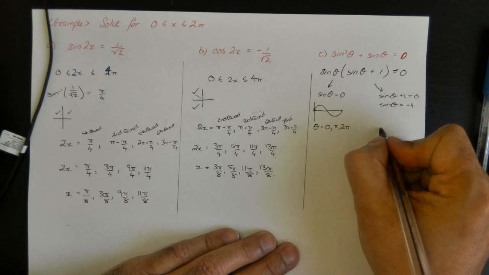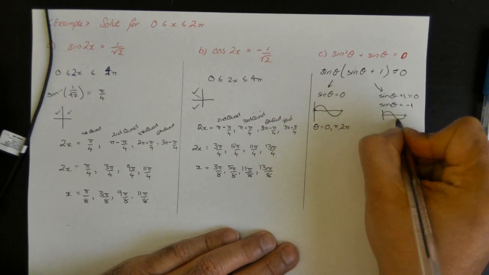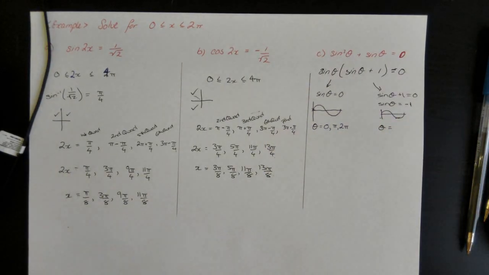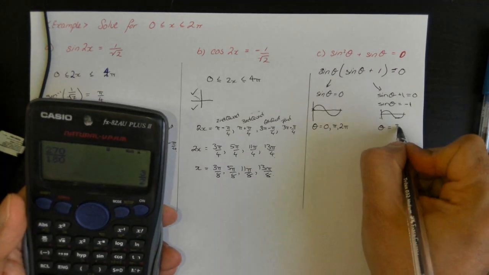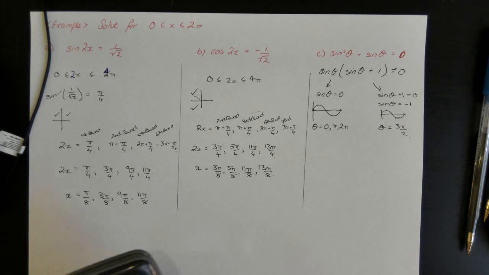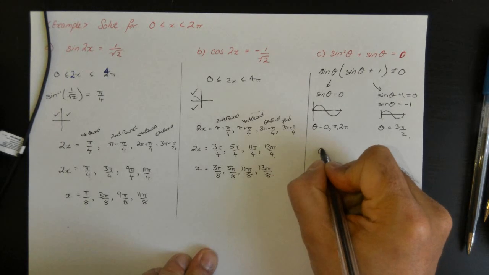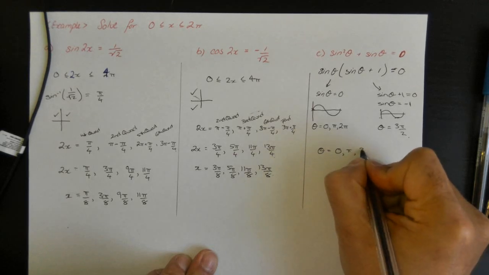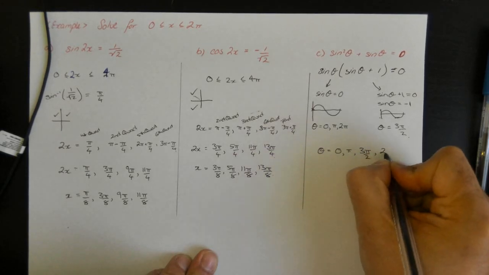So in this situation, using our same graph, this point here is going to be 270 degrees, 3 pi on 2. And now what we do is we write the solutions in order. So the solutions are 0, pi, 3 pi on 2, and 2 pi.